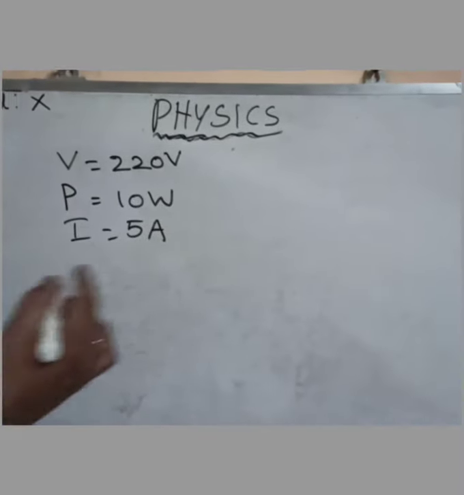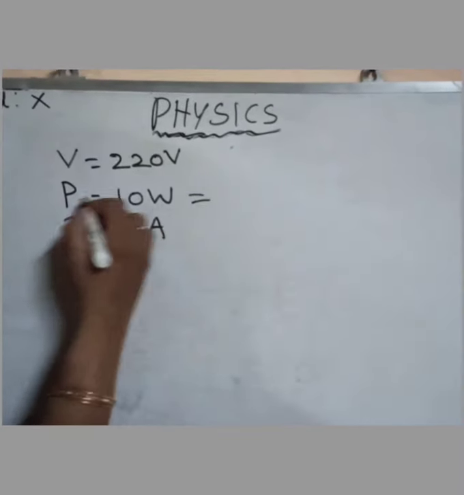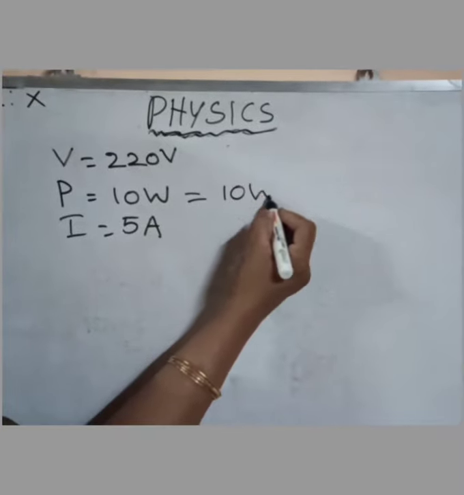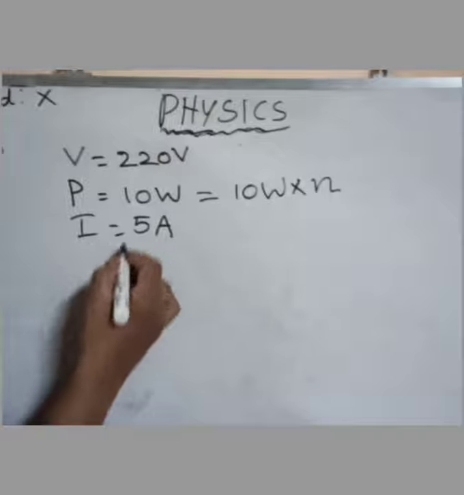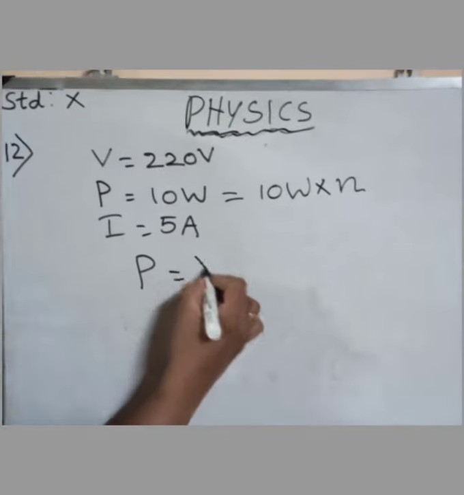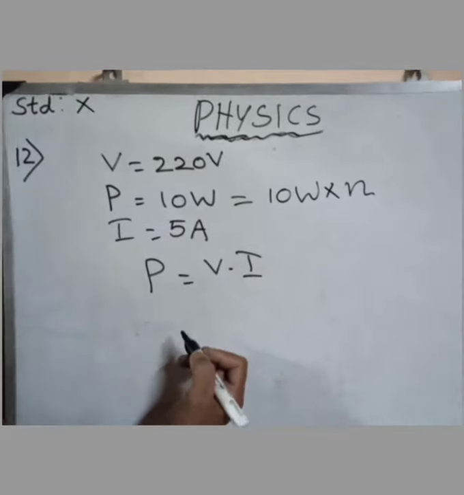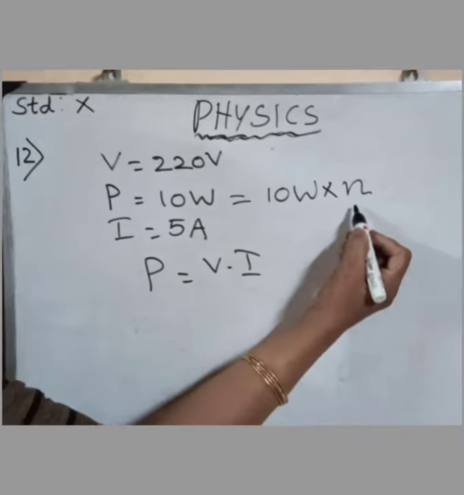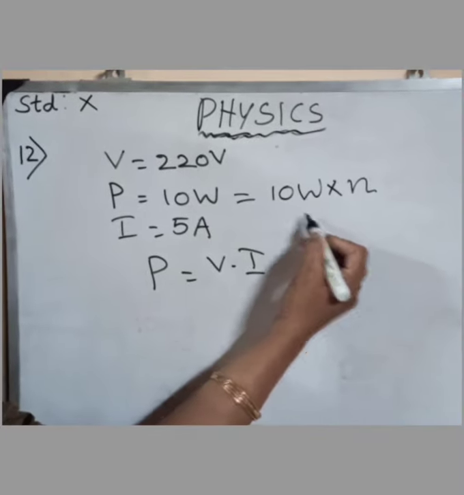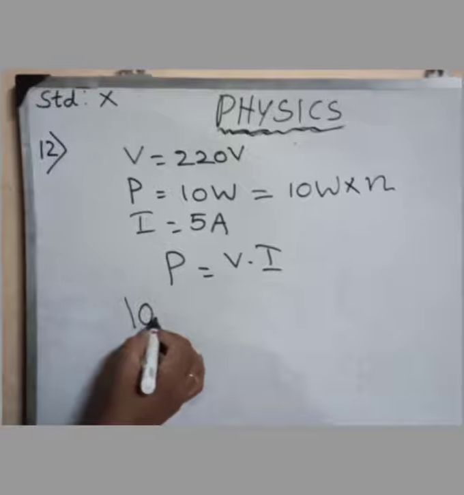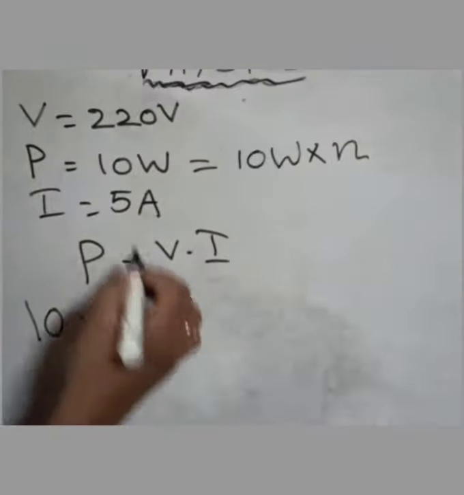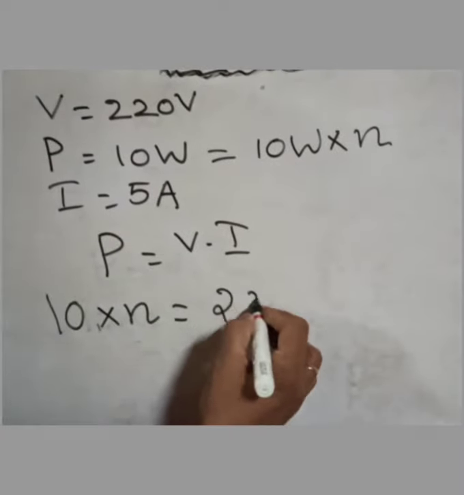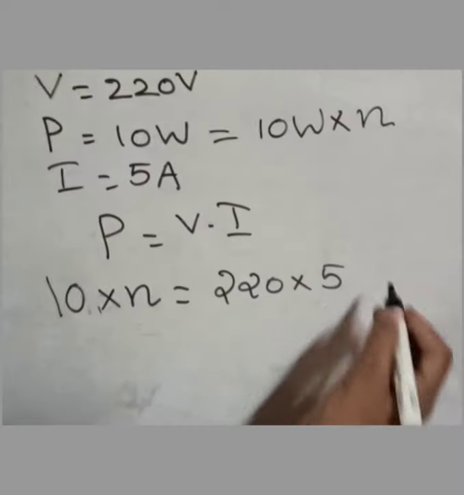So if n bulbs are used, the power of the bulbs becomes 10 watt into n. Okay. So we know that power is equal to V into I. How many 10 watt bulbs do we have to calculate? So here we can write 10 watt into n, 10n equal to V into I, that is 220 into 5.